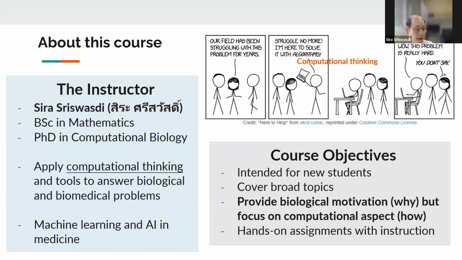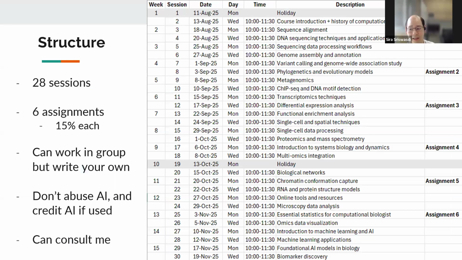Okay, so this is the course structure. Some of you already got this schedule, but some of you might be seeing it for the first time. We're going to have 28 sessions. Right now, we scheduled it for Monday and Wednesday, but if many of you have a conflict, we can talk about shifting it.